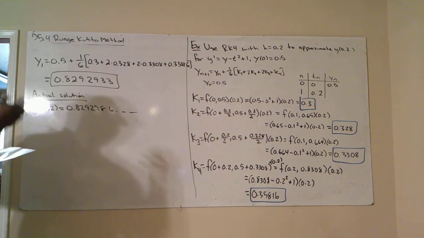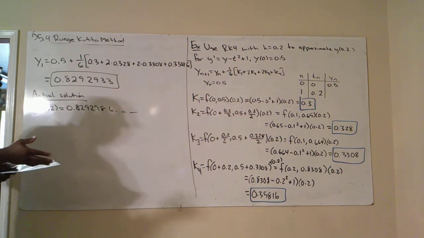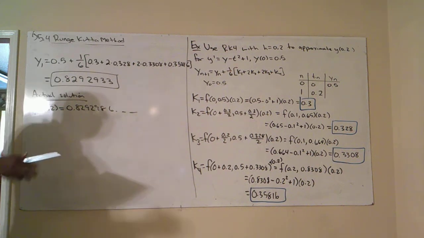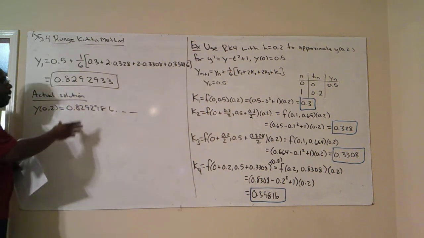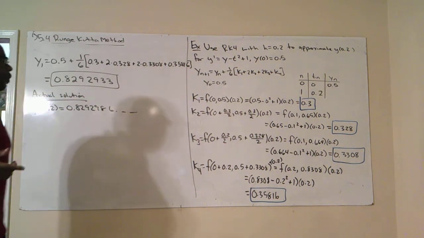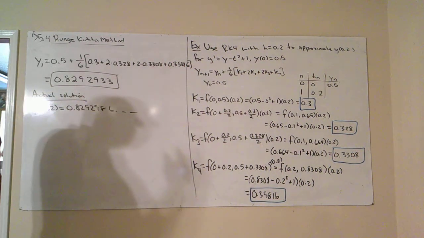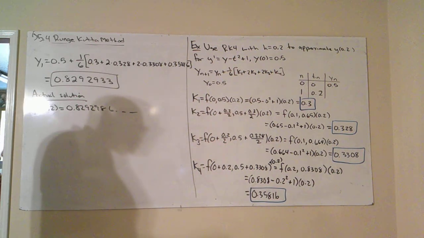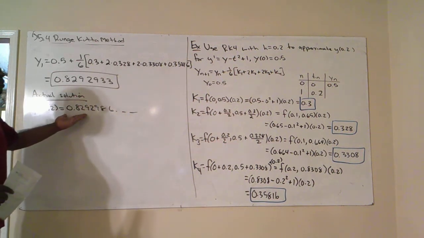Although we are doing 4 function evaluations for each of this, for h equals 0.2, to get the same accuracy with Euler's method, we're going to have to do many more function evaluations than this. I know that per step, Euler's method only uses 1 function evaluation. But to get this accuracy at 0.2, you might have to make h equal to like 0.001.